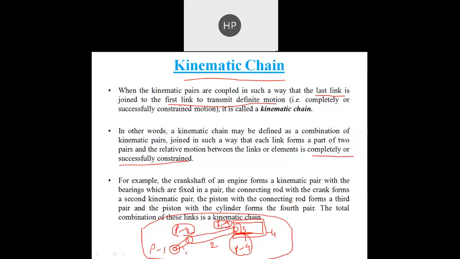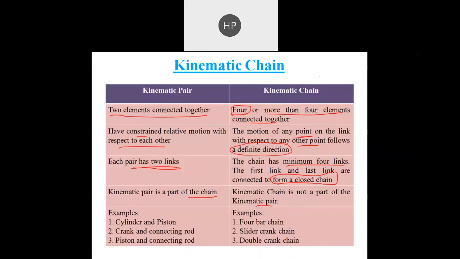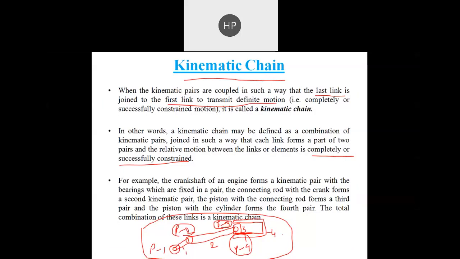Okay, so these are some examples of a pair, while examples of a chain are a 4 bar chain and a sliding crank chain. This one is the sliding crank, this is the example of a sliding crank. This whole mechanism is known as a sliding crank mechanism.